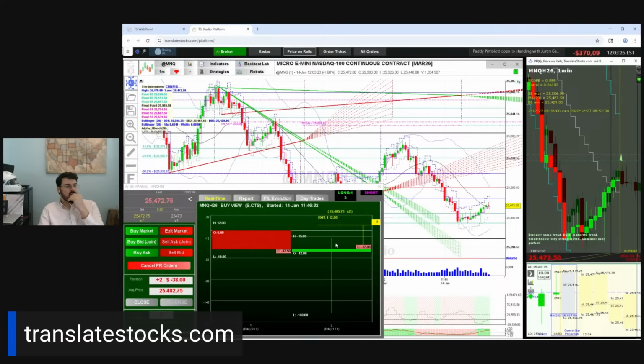And we have only 2 contracts. So yeah, that would be a break even. I just moved the order to this line, from that line to this line.